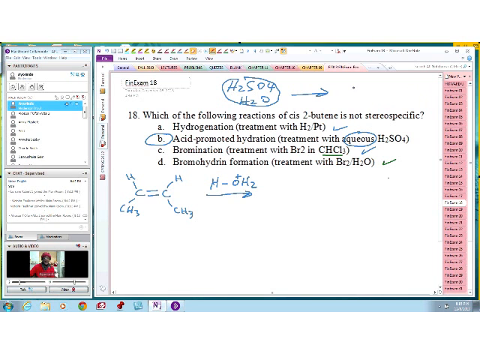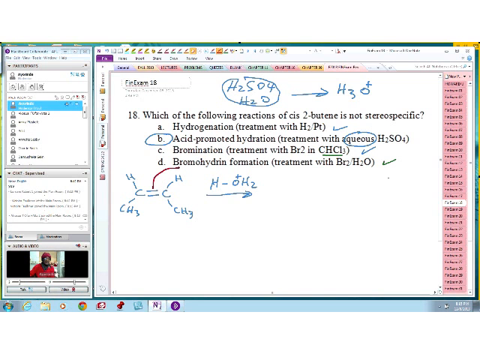Okay, this combination here will give you hydronium ion, which is this here. This right here. Okay, so this is your hydronium ion here. So the first thing that happens is that the pi electron in the carbon-carbon double bond will act.